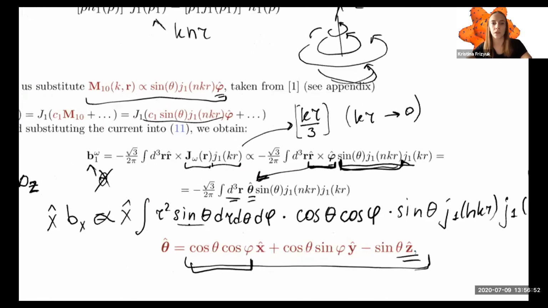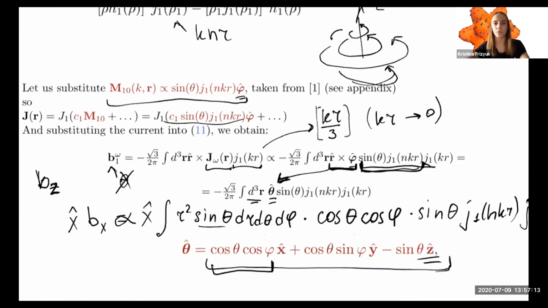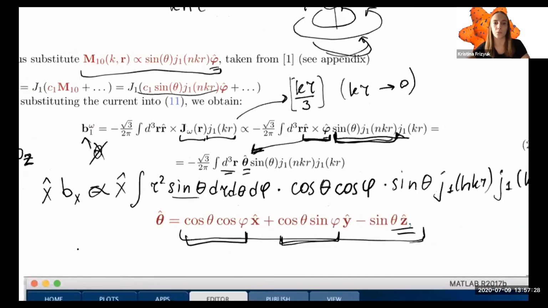And this can be quite obvious, because first of all, we had only the Z component of the magnetic dipole, and we try to find the X component. But we don't have an X component in our problem. So this integral should go to 0. And the same will happen with the Y component. If we put these two guys back here, we will get 0 one more time.